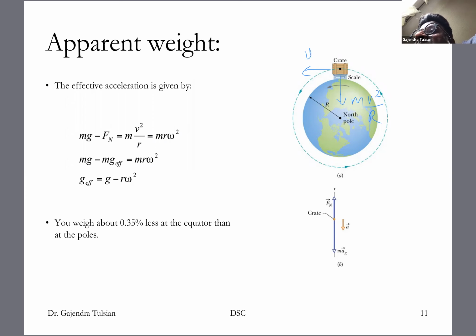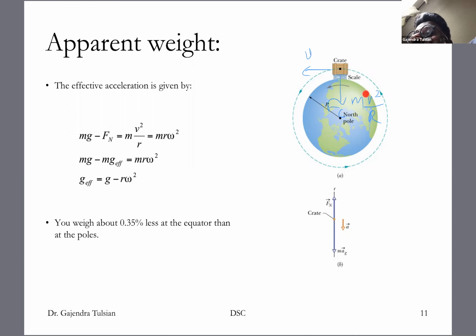Now, where's that centripetal force coming from? Okay, so there's only two forces acting on this object. The force of gravity in that direction. So the centripetal force, since it's towards the center, gravity must be contributing to it. Okay, and then there's the normal force, which is your apparent weight. Since you need a centripetal force, this normal force has to be less than this force of gravity.